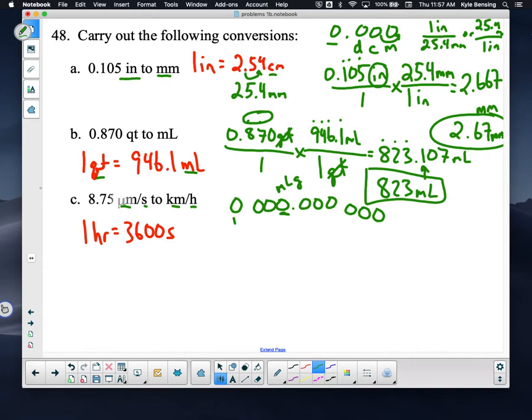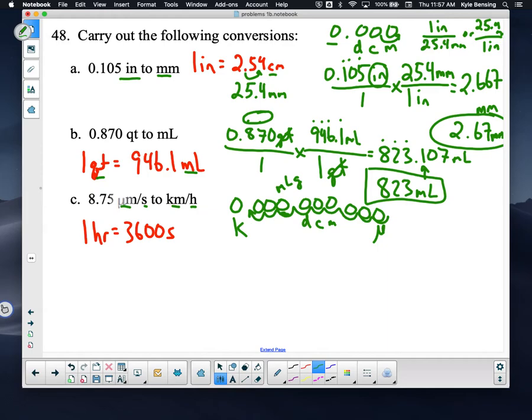I got kilo here. I got deci, centi, milli, and micro there. So I'm going to go from micro to kilo, which means I'm going to move the decimal place 1, 2, 3, 4, 5, 6, 7, 8, 9 places to the left. 9 places to the left.